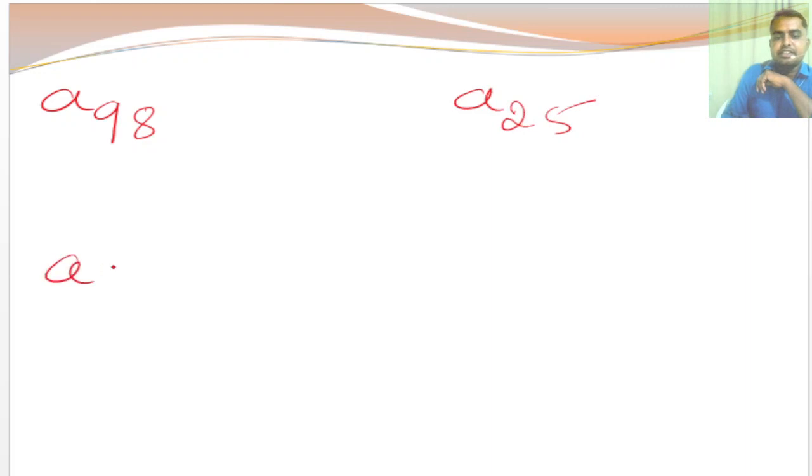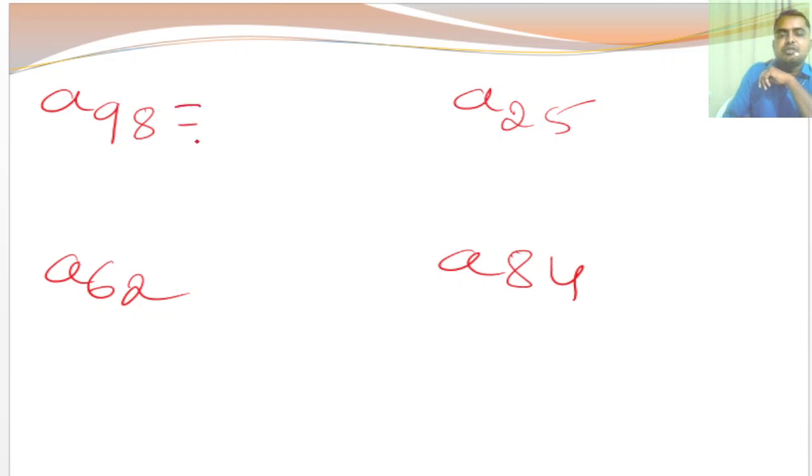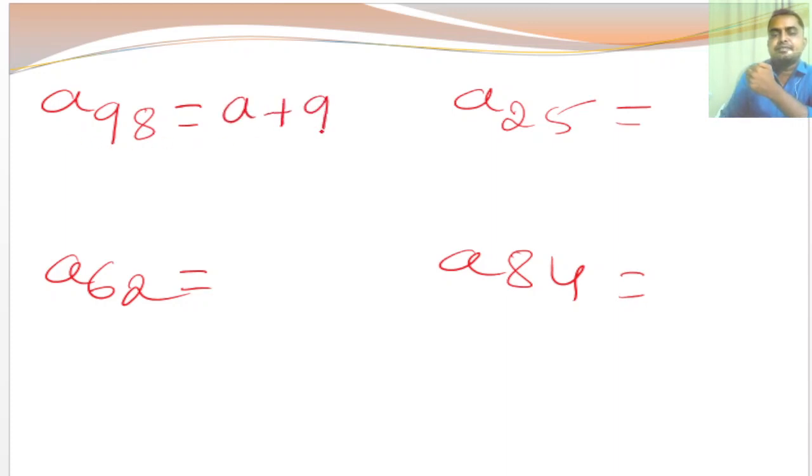We are going to write a98, that is the 98th term, a25, a62, a84. These terms we have to write in general form. a98 means the 98th term, a plus 97d.